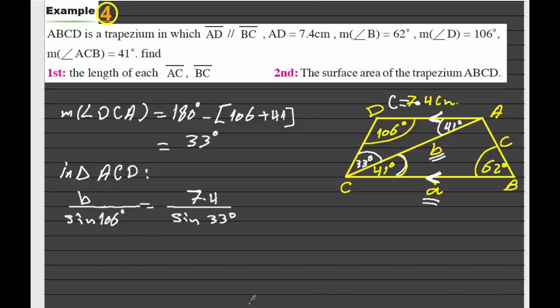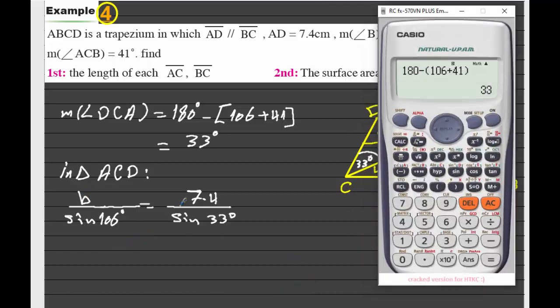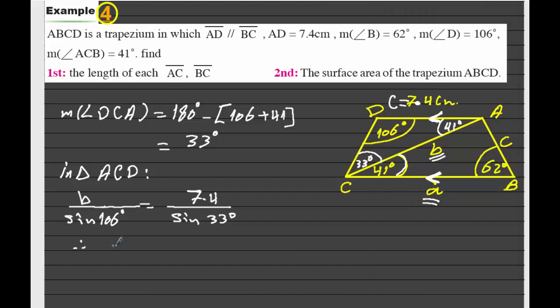Now back to calculator and write this fraction. The result equals 13.06. So B equals 13.06, approximately, and the unit is centimeters.